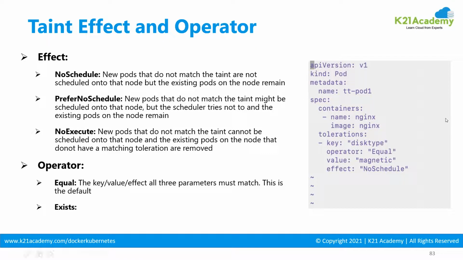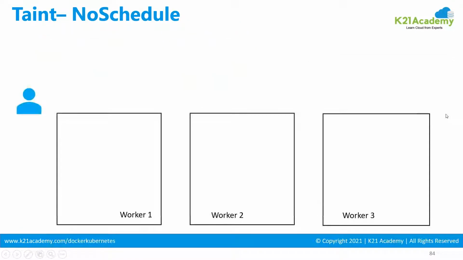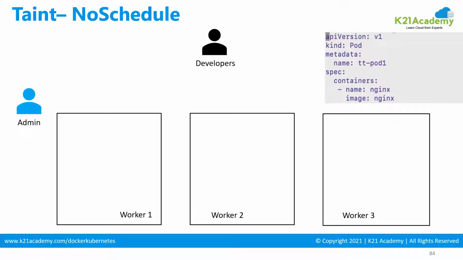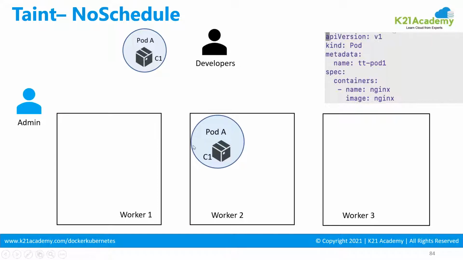This is the way we have to write the pod that I have shown you. NoSchedule taint means no schedule. If you use this command on the worker node, kubectl taint node worker1 disktype=magnetic:NoSchedule, this is the taint you are applying on worker1. Then if you deploy the pods with the container nginx, pod C1 gets created on worker2.